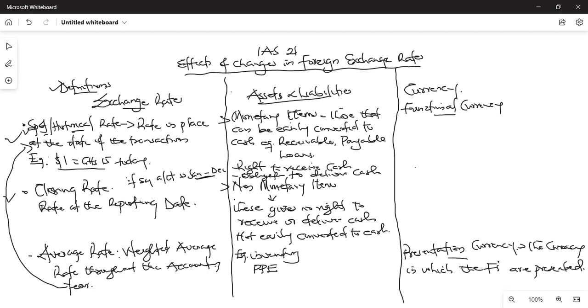Then we have the functional currency, and this is a little dicey. So this is what I'm going to do. I'm going to define it here and open a fresh page and we discuss it further.